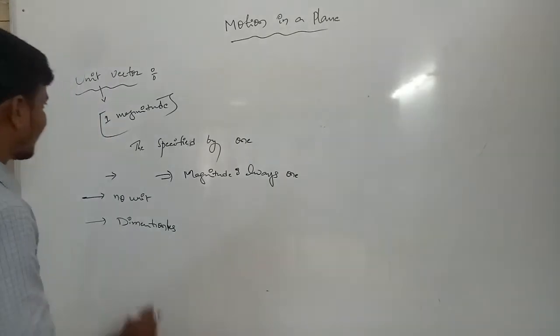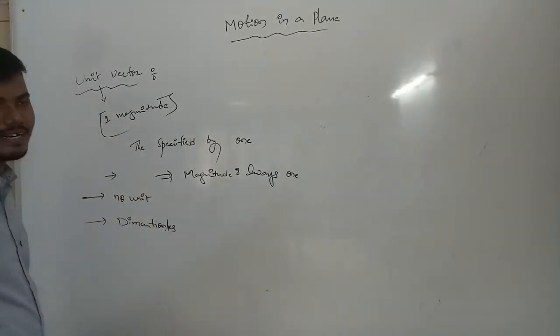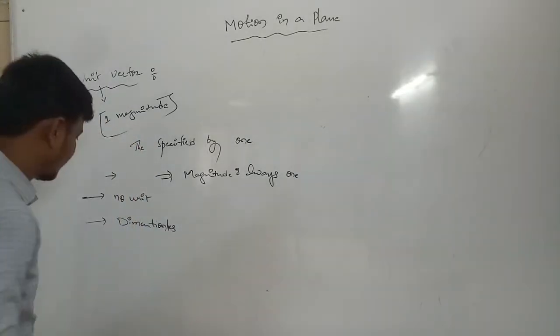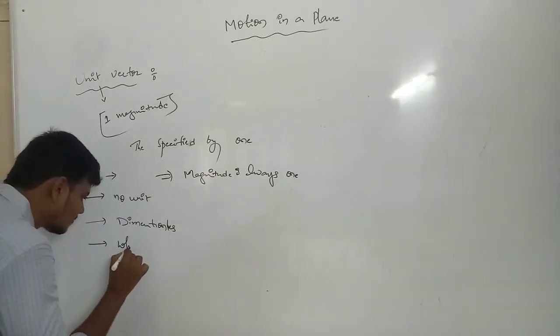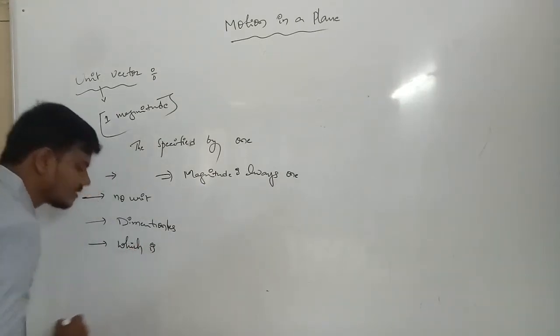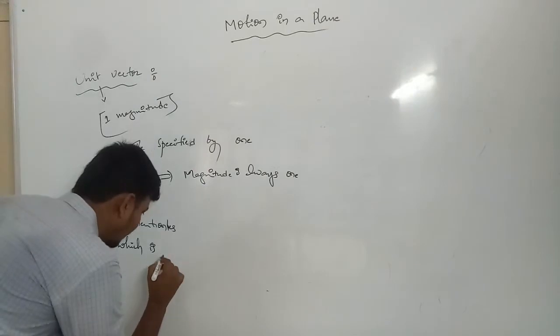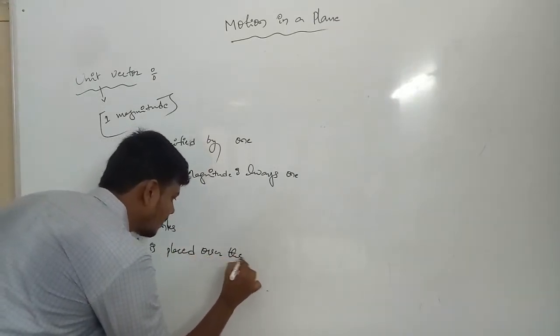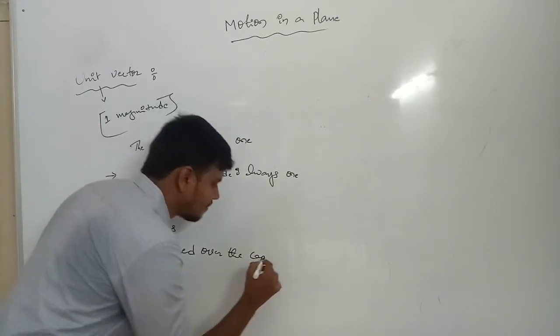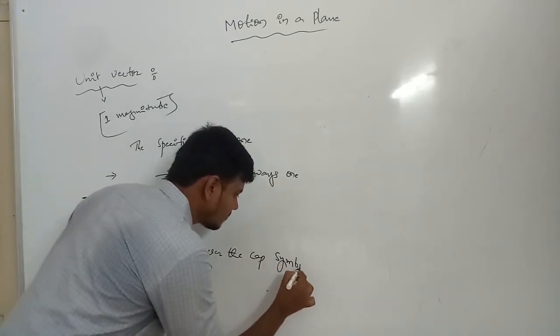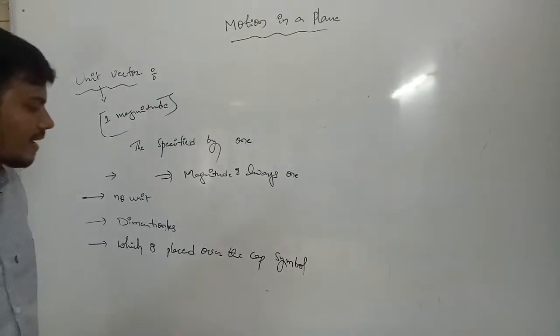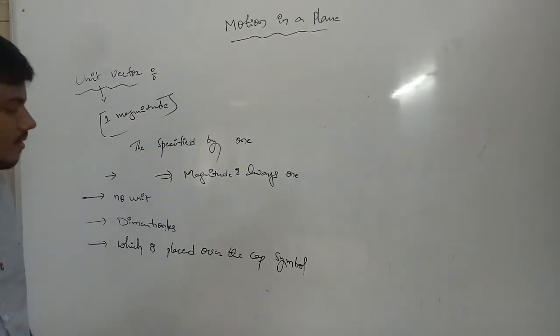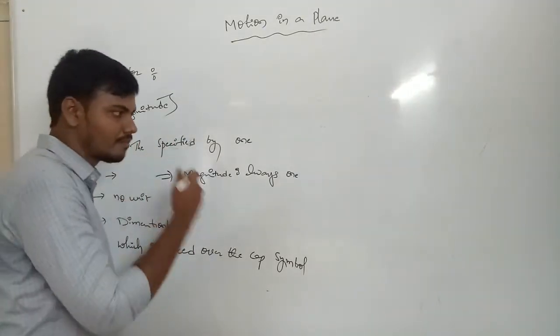But how can we identify a unit vector? It is the one placed under the cap symbol, the cap symbol being the mathematical representation of a unit vector.